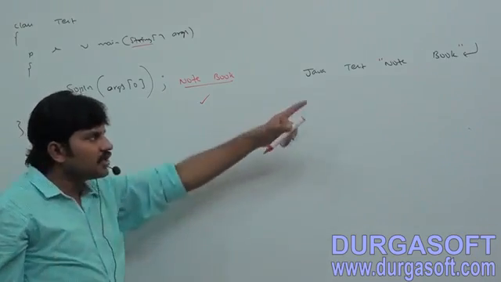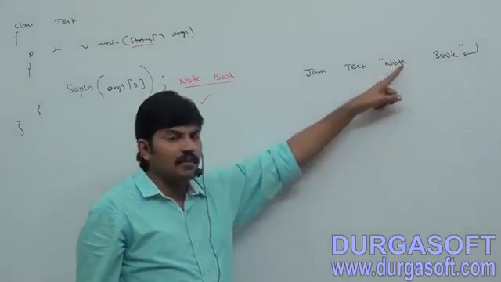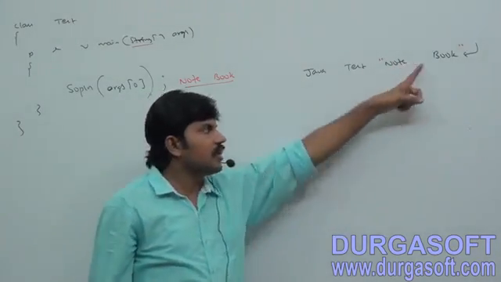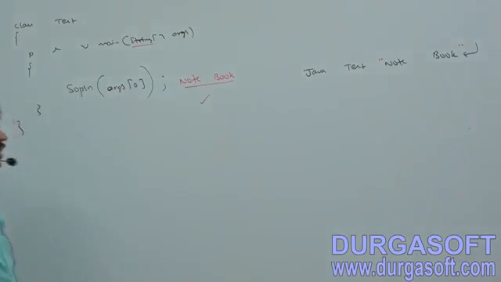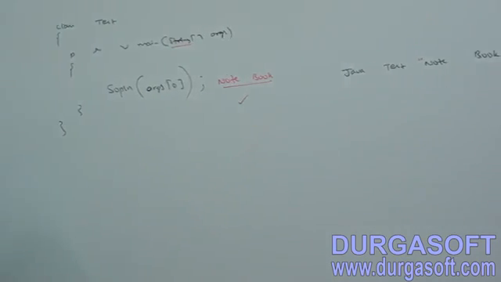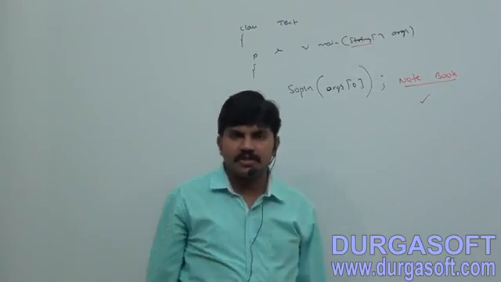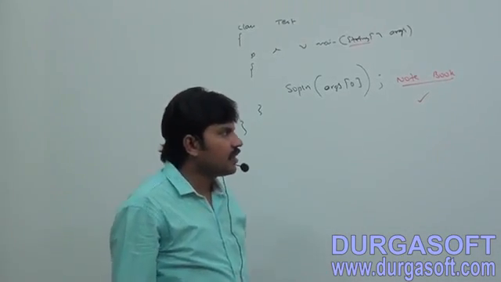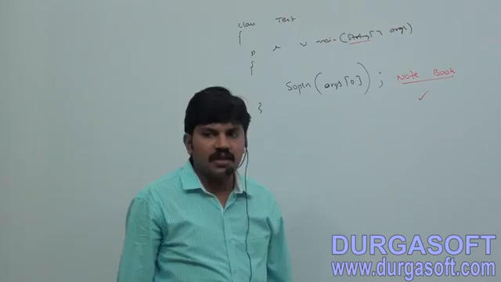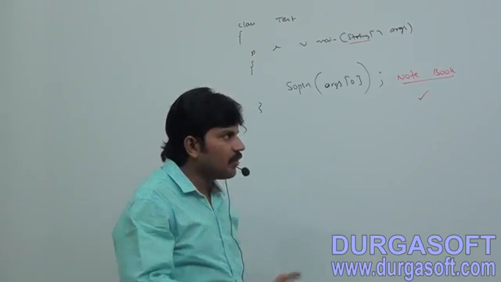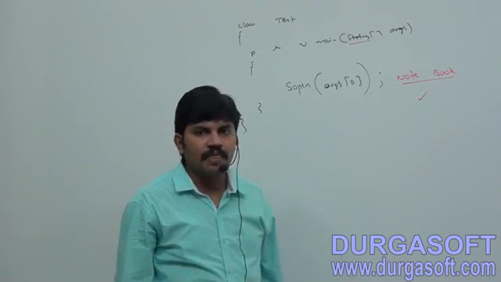So usually space is the separator between command line arguments.